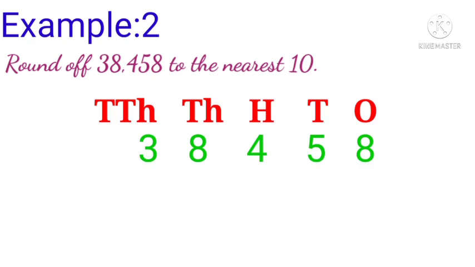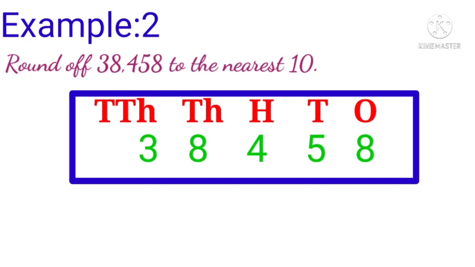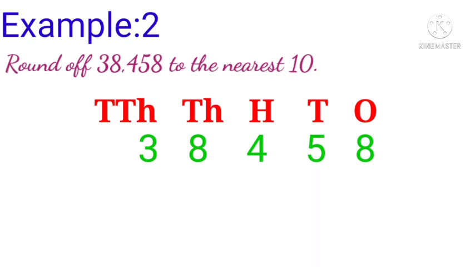Step 1. Arrange the given number in a place value chart. Step 2. Identify the place to be rounded. That is, in 38,458, the tens place should be rounded off to the nearest 10. Step 3.